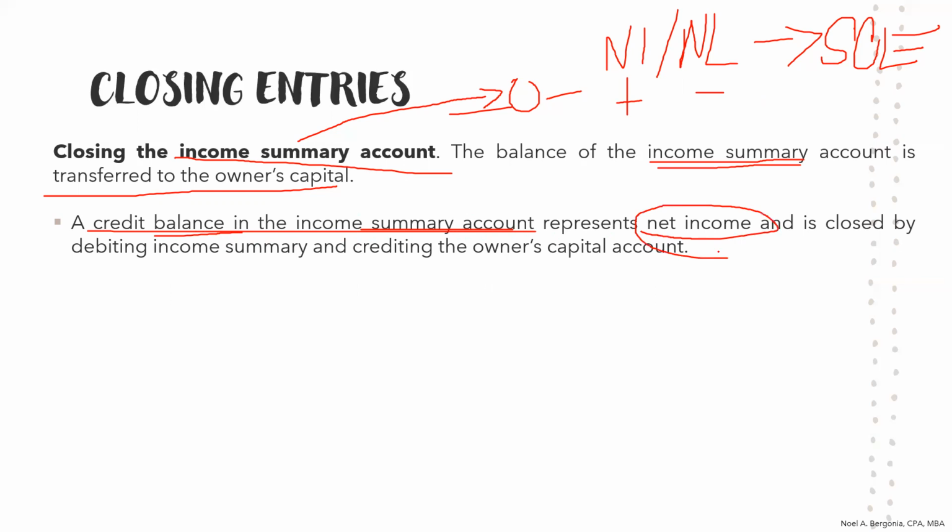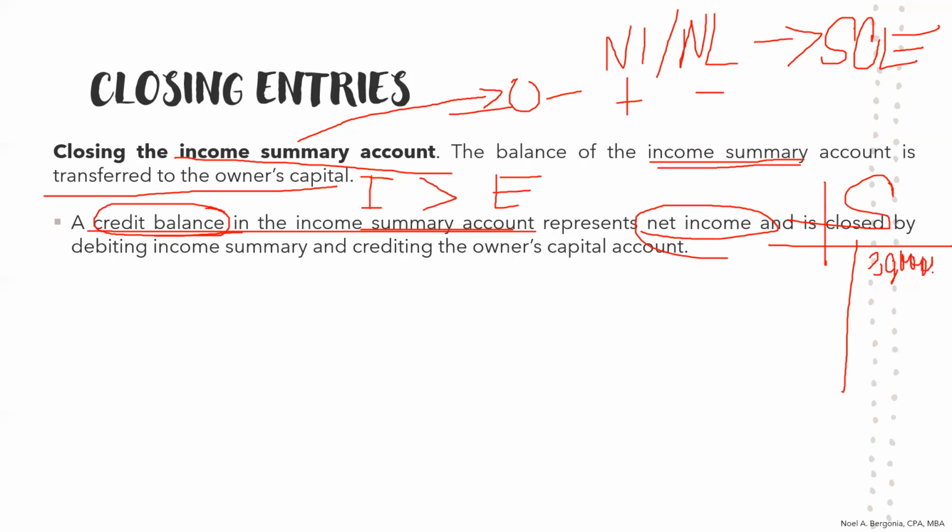If you followed the series of this discussion, in Butter Legal Services we have a net income, because our income or revenue account is greater than the expense account. So there is a credit balance. Sir, why is the income summary a credit balance? Because this is what happened. In the T account of the income summary, class, if we go back to the first closing entry, debit consulting revenue, credit income summary. How much was that? 390,000. So the closing entry of the revenue account was posted to the credit of the income summary.